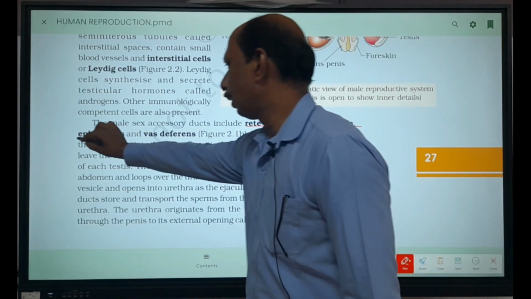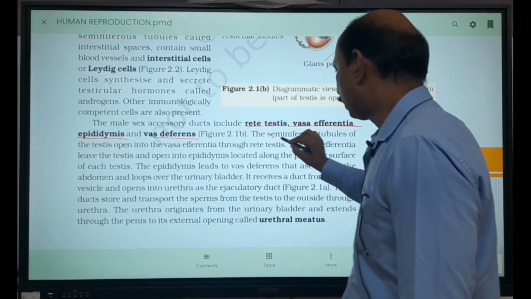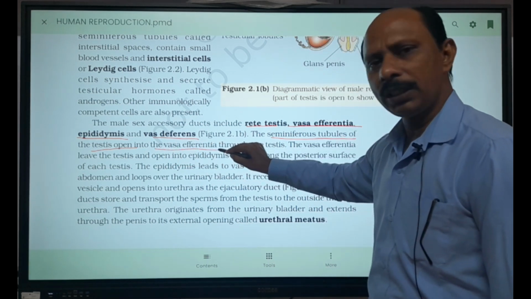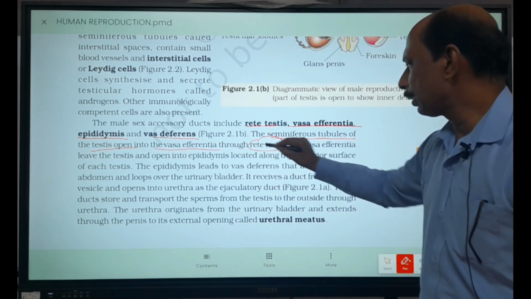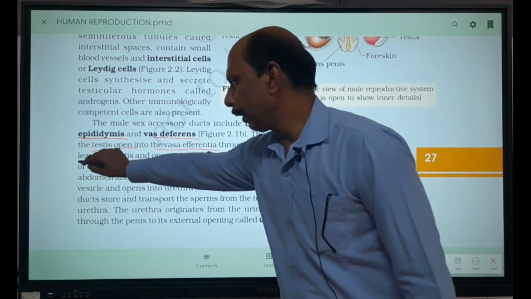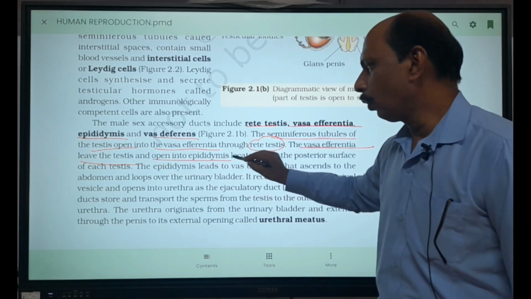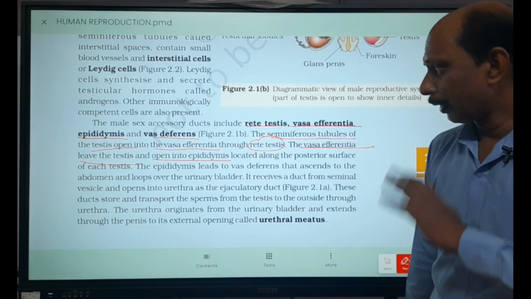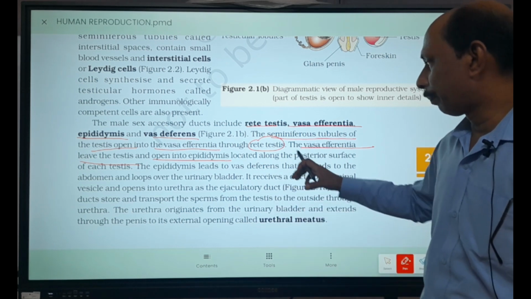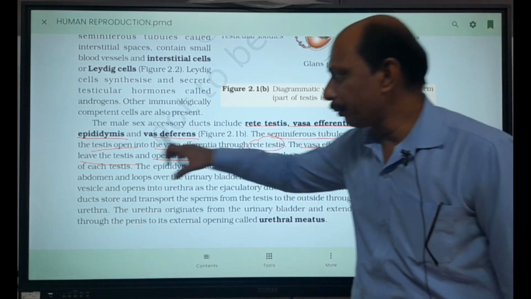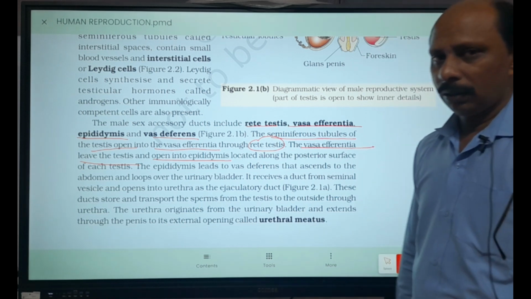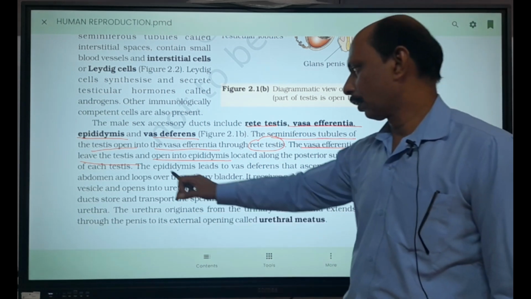Vas efferentia, epididymis, vas deferens. Do you understand what is here? Vas efferentia leaves the testis, which means rete testis is also present in the testis, right.